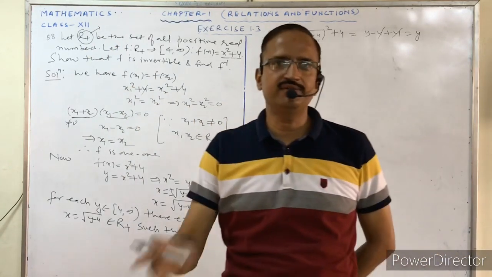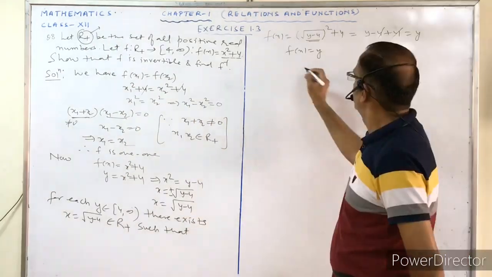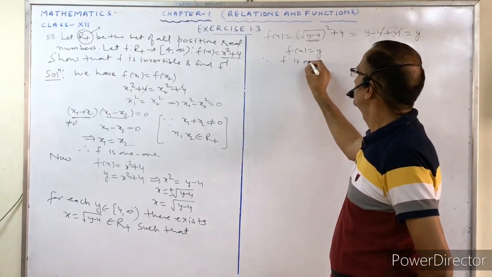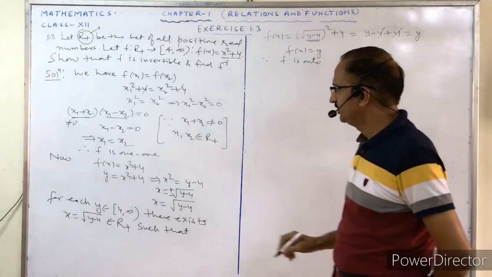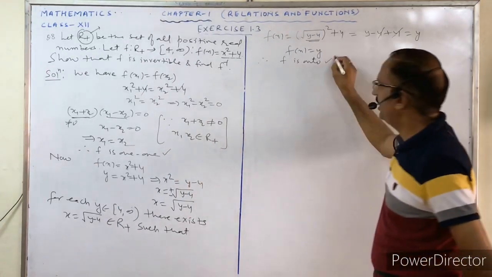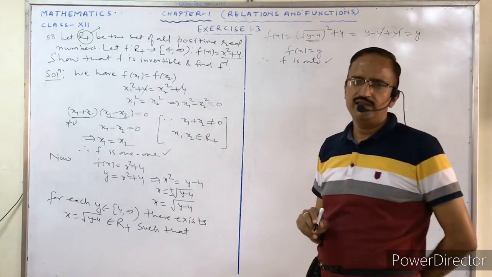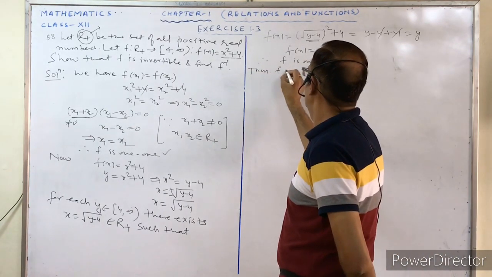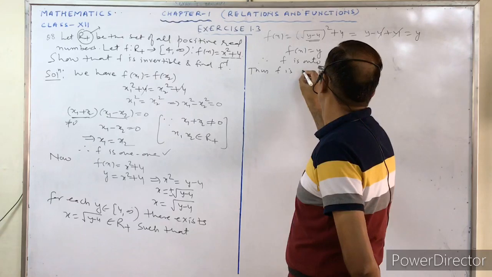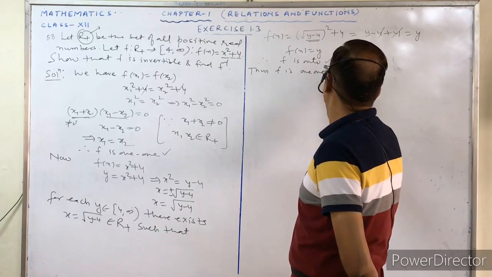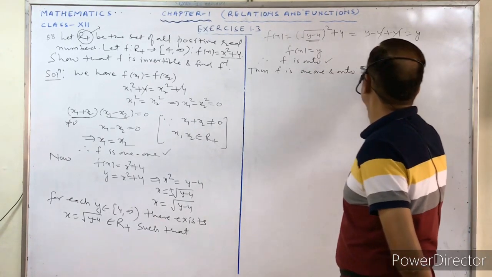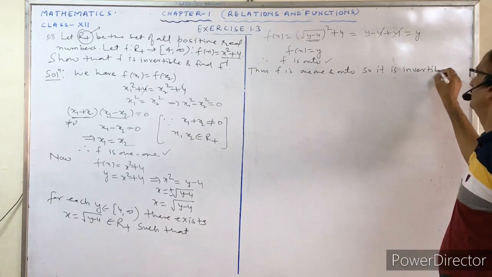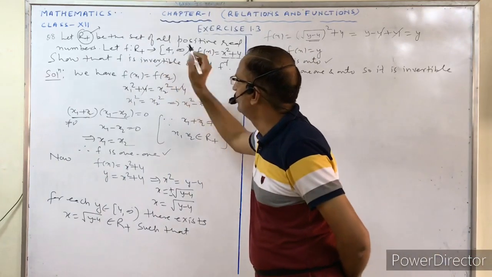So we can say that the function is onto. Therefore f is onto. Now, since it is one-one and onto, it is an invertible function. Thus, f is one-one and onto, so it is invertible. First part is proved.